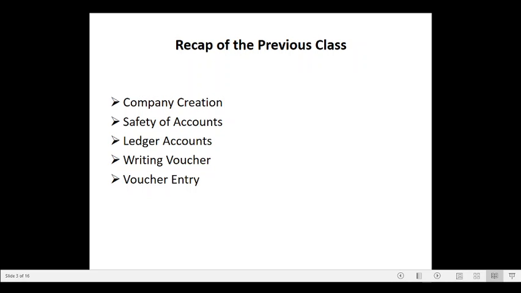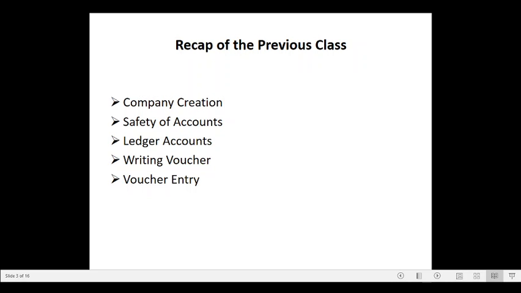After the creation of the company, it is necessary that we have to update the company details such as the directory, name of the company, primary mailing details, contact details, statutory compliance, state, PIN code, books and financial year details, and basic currency information.